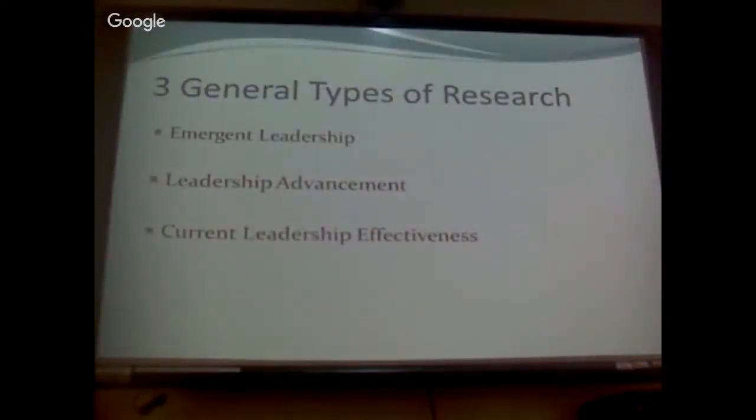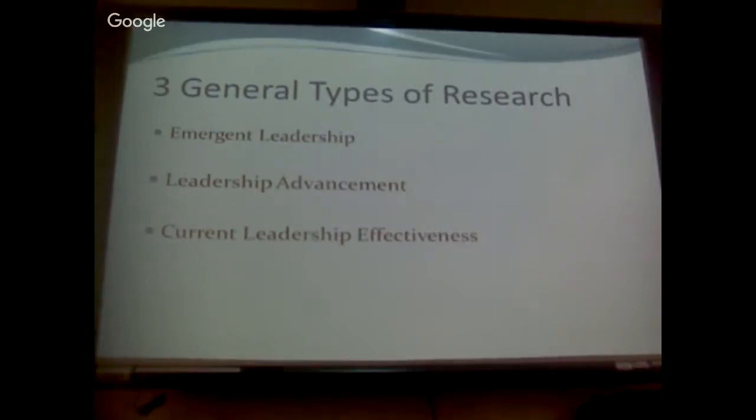Okay, so some of the types of research: emergent leadership. Emergent leadership a lot of times looks at who's likely to, let's say, have a higher trajectory with respect to stepping into a leadership role. There are times when I've worked in situations where we try to apply emergent leadership.